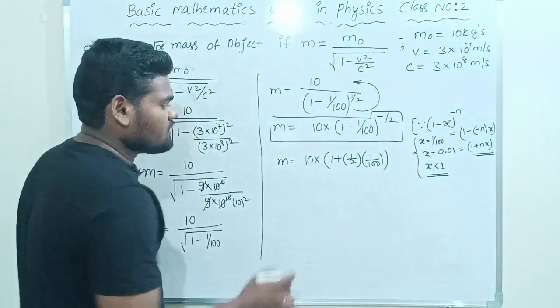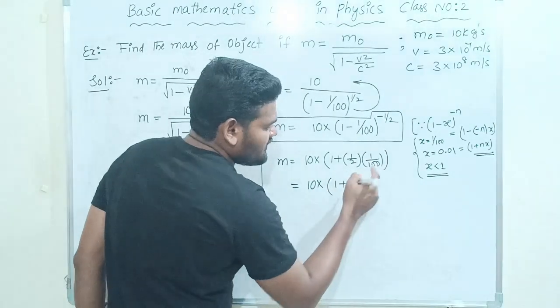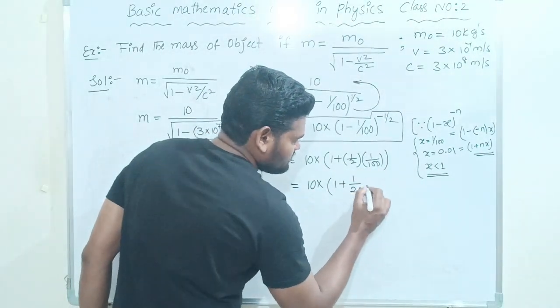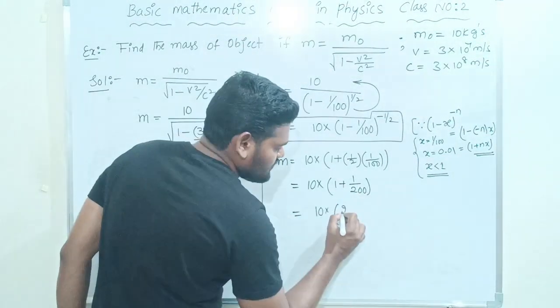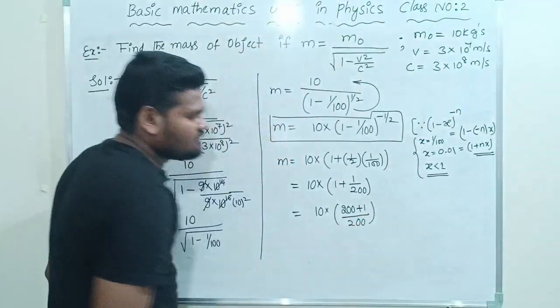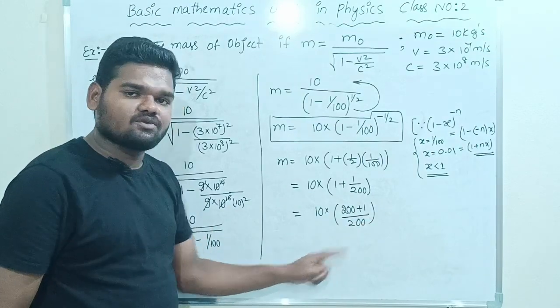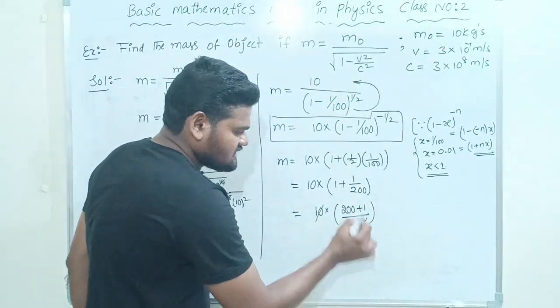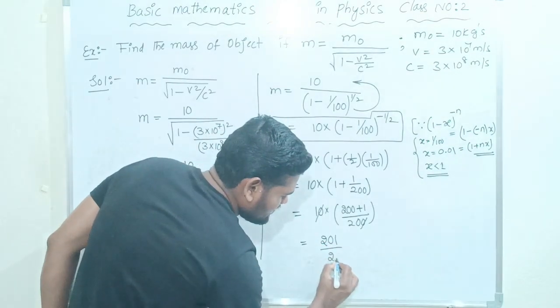Is it clear? Okay. So 10 into 1 plus 1 by 200, which is equal to 10 into, 200 ones are 200 plus 1, divided by 200. So 10 gets cancelled out, and finally we will get 201 by 20.